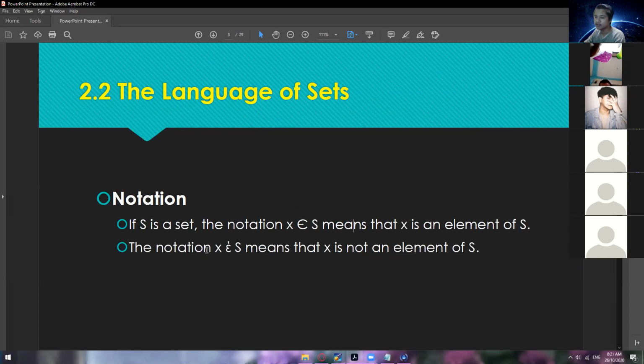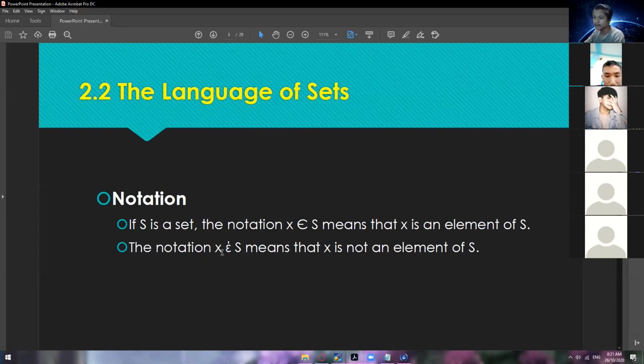So the notation, X, and then yung element na merong bar or merong quit sa taas, meaning is not. Naka-not na to. So we have an element which is true and then not an element, which is false.